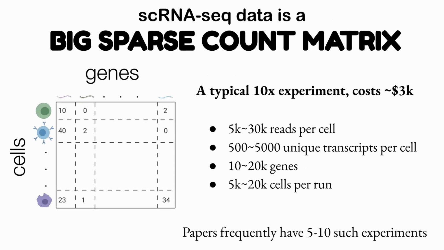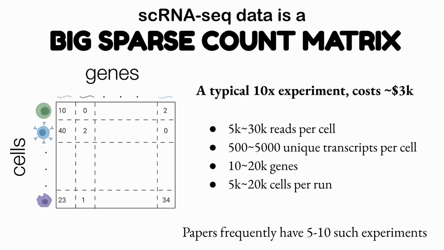It usually has 5 to 30,000 reads per cell, which is to say how many times you sampled a PCR copy of a molecule in a cell. It usually has 500 to 5,000 unique molecules that were seen in a cell. And usually you see between 10 to 20,000 unique genes and about 10,000 cells in a run.